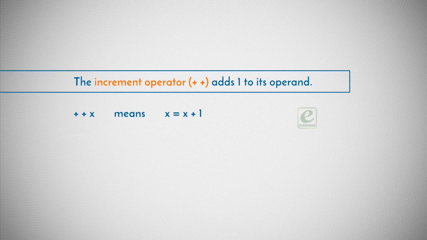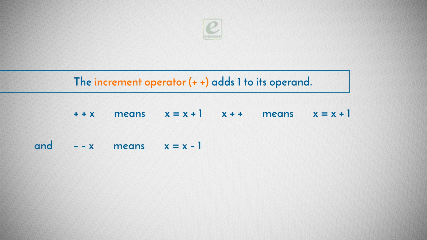Increment x means x is equal to x plus 1. X increment means x is equal to x plus 1. And decrement x means x is equal to x minus 1. X decrement means x is equal to x minus 1.